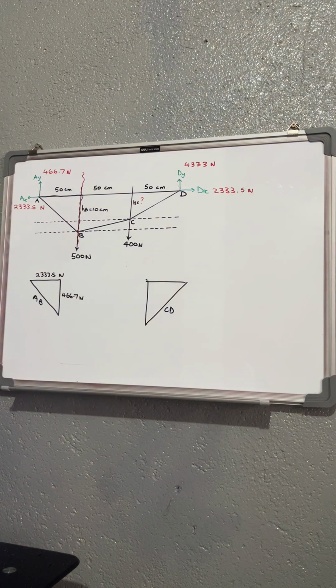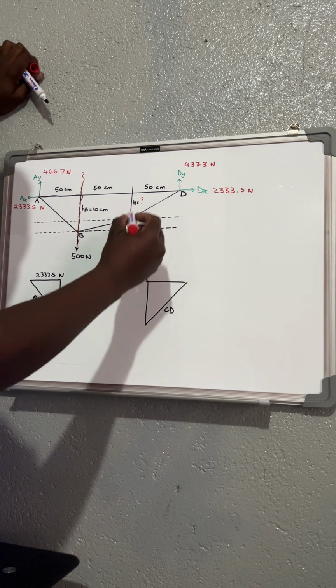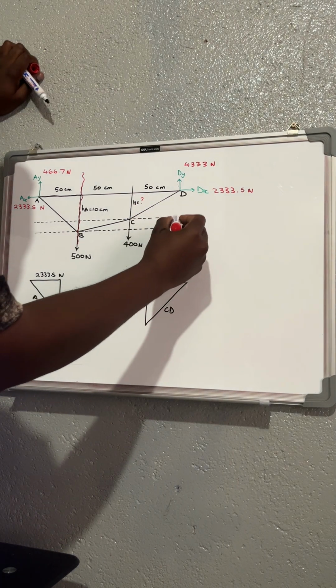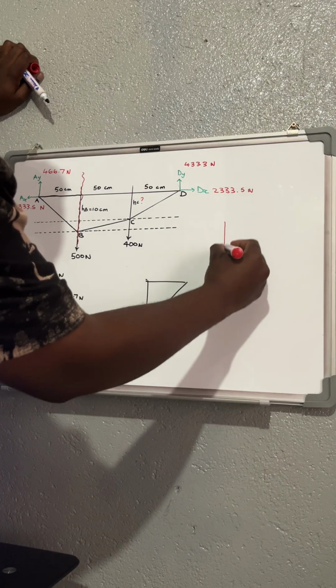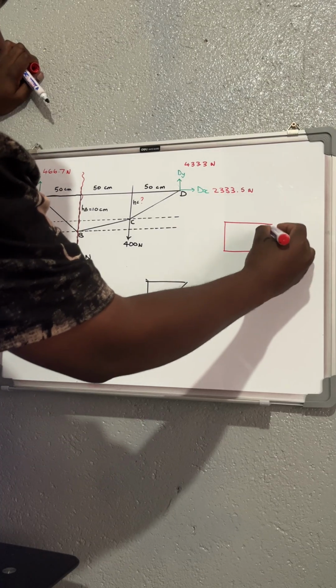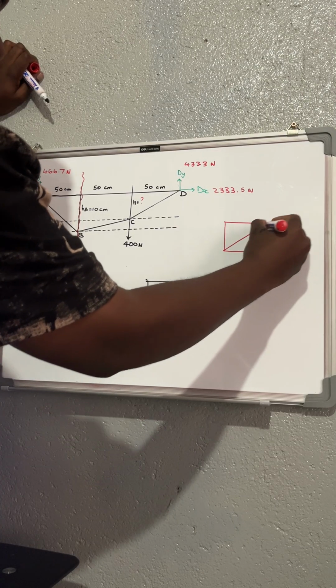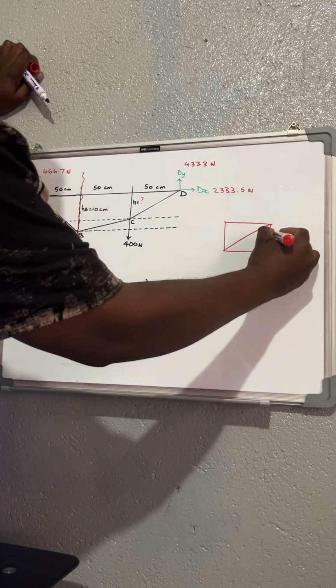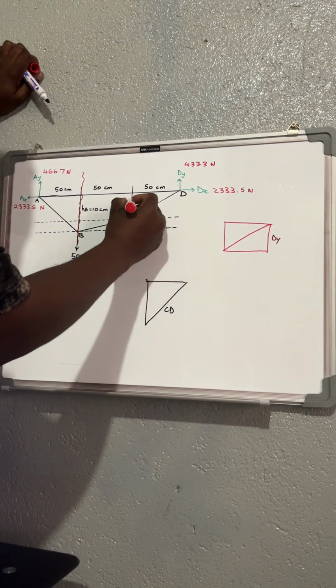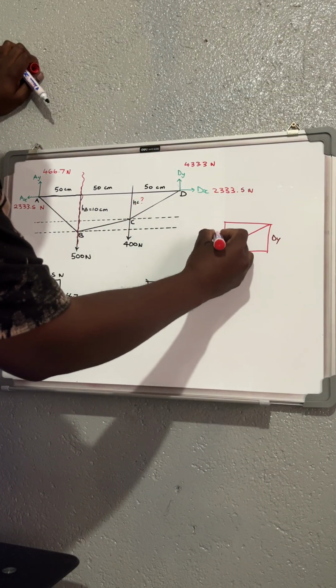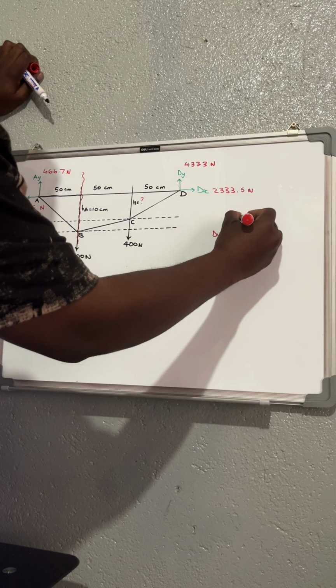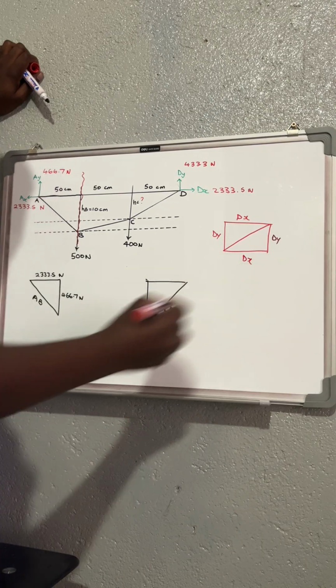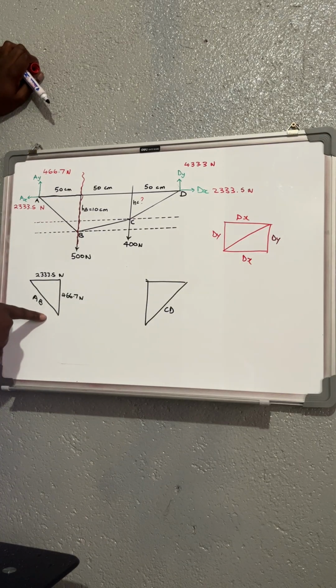Remember, one thing that I want to explain is that these can be represented as a square. You have something that looks like this. Here you have that line, here you have that DY. Then even this side you can still take as your DY, and this side is your DX. This side is your DX. Same thing that I did on this side.